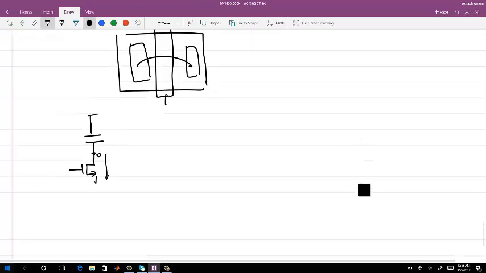Let's see that. If you are looking at this node, it is open in both the cases. So in which case am I going to lose more charge?